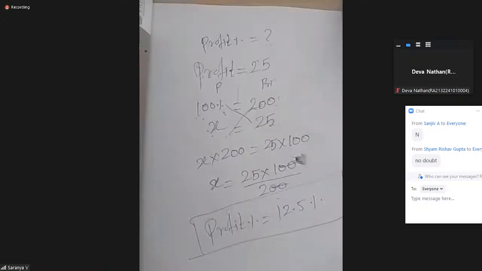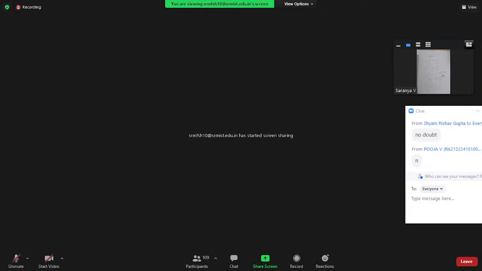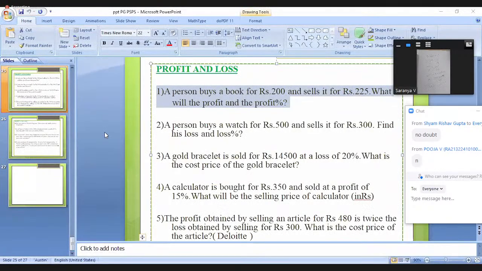Okay. We'll do the second question. A person buys a watch for 500 and sells it for 300. Find the loss and the loss percentage. The loss is very simple. Post your answer. What is the loss here? I'll post the same question in the chat box.